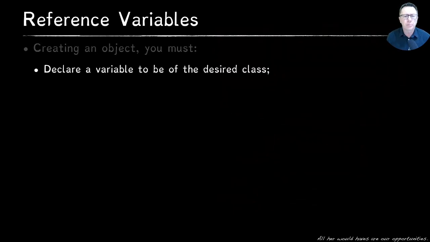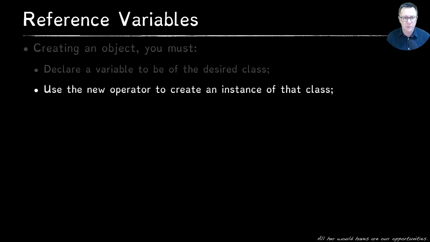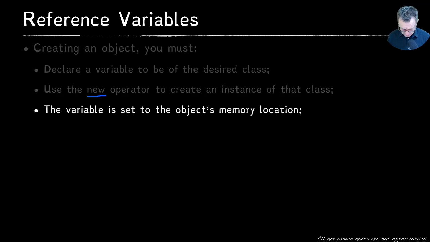When we create an object, we declare a variable, and when we're declaring it, we say what class it's going to be of. Nothing new to us. We use the new operator to create an instance of that class. Again, nothing new.